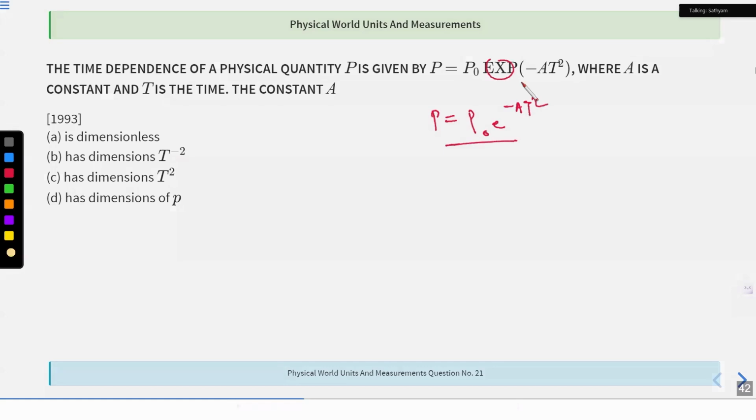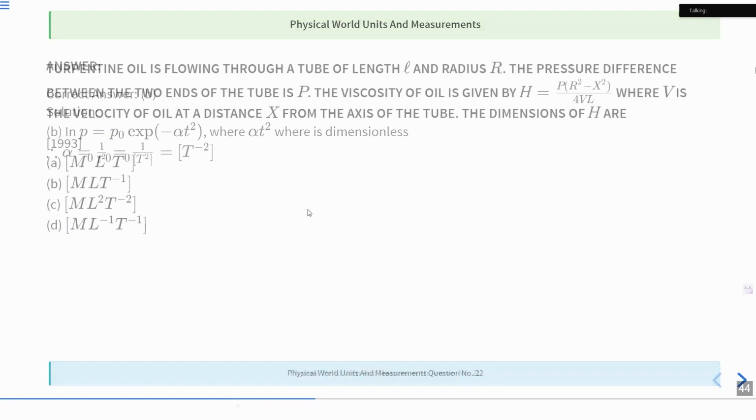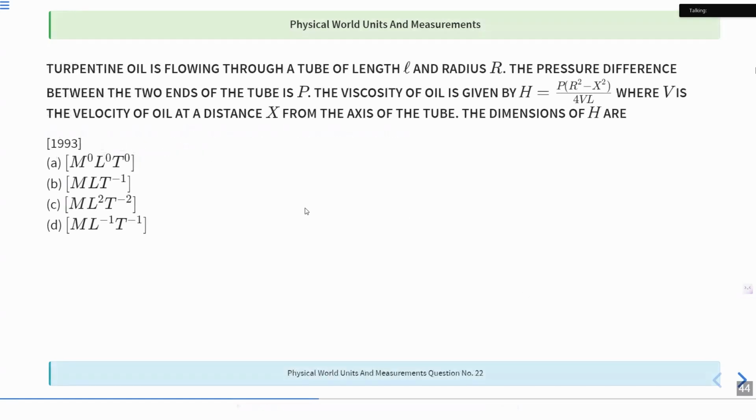Don't get confused. So they are asking you to calculate the constant alpha. Alpha is equal to 1 upon T square, that is 1 upon time dimension square. So T to the power minus 2 is the dimensional formula.